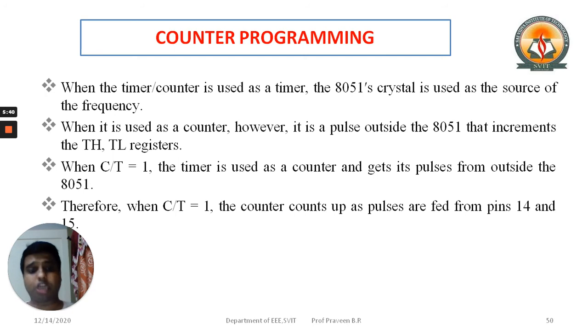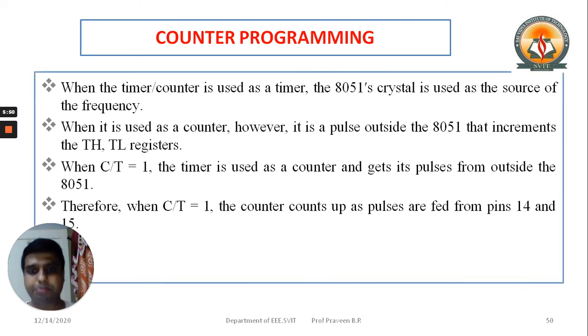And always for the counter you are going to connect the external clock pulses, which are fed through the 14th pin and the 15th pin of the microcontroller. Especially the 14th pin and the 15th pin are the ones which are going to be connected to the external frequency, because in the case of counters we make use of external clock pulses.